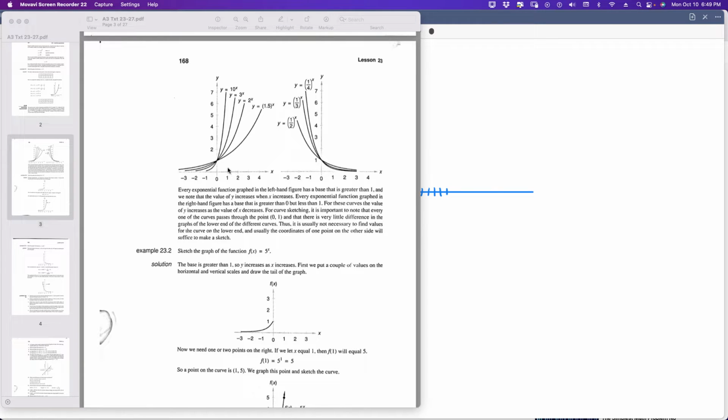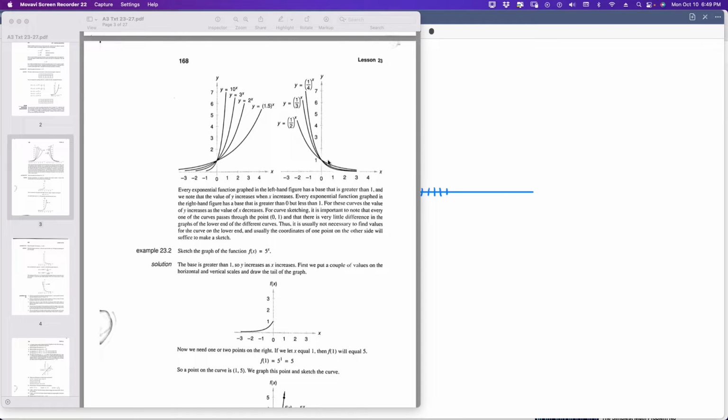Now also notice here that every single one of these exponential functions goes through the point 0, 1. Just like I said over here on our drawing. And that works when we have an exponential base that is less than 1.